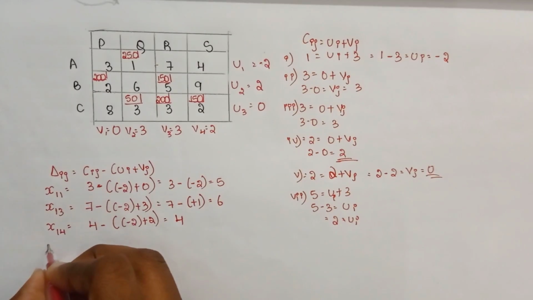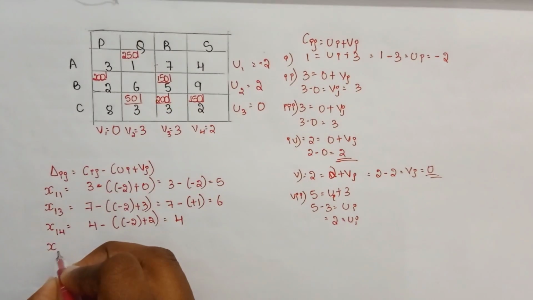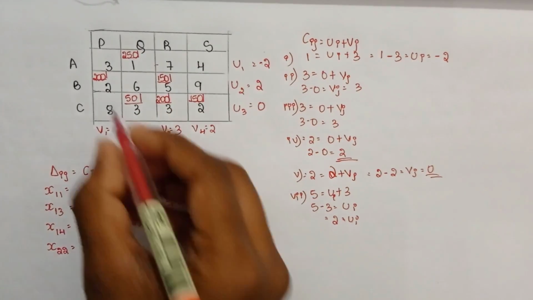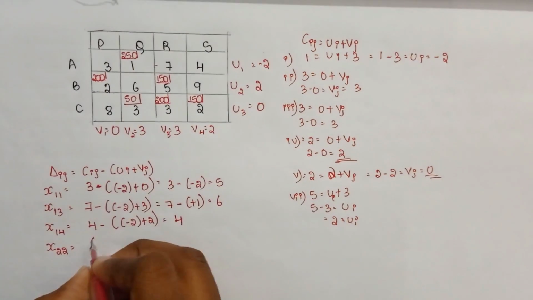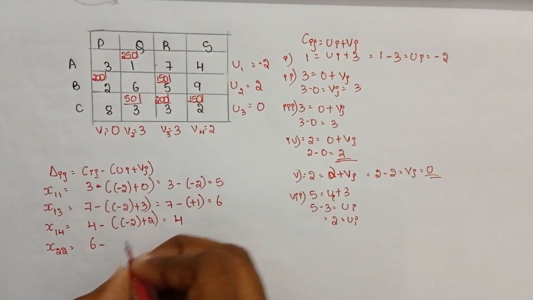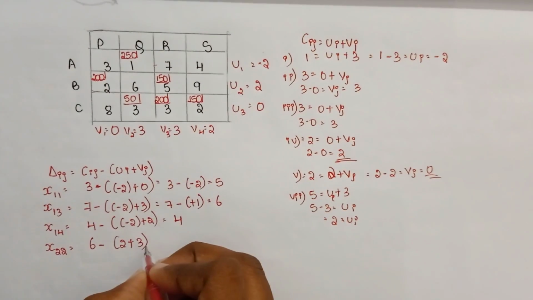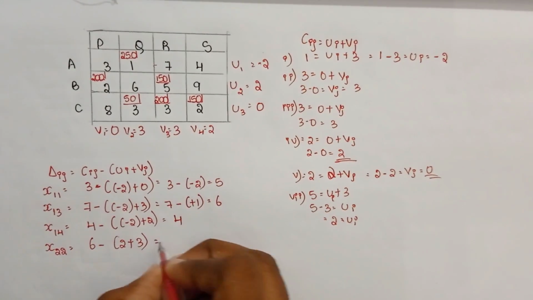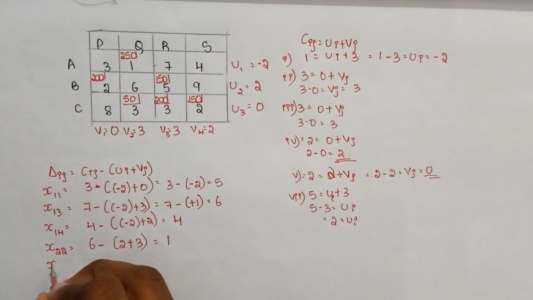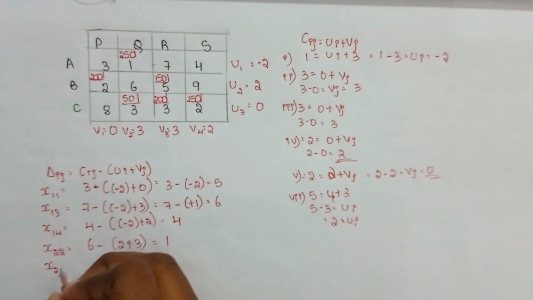So the next unallotted cell is 6. So it will be considered as x22 because it lies in the second row and second column. So the Cij value is 6 and the u value is 2 plus the v value is 3. So 2 plus 3 is 5. So 6 minus 5 is 1. And the next unallotted cell is 2, 4, that is 9.